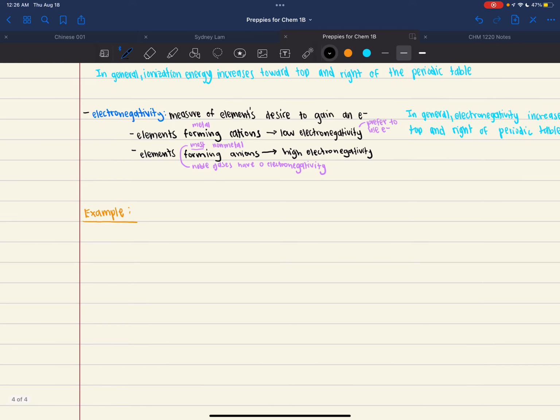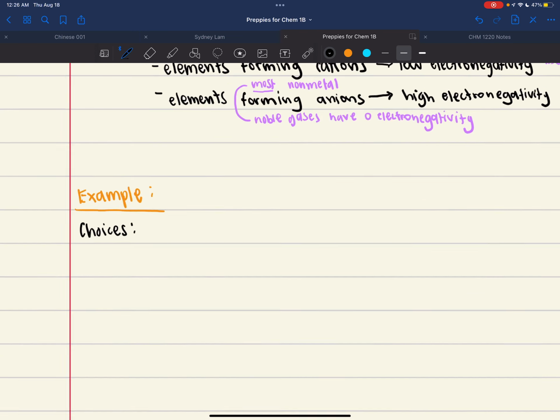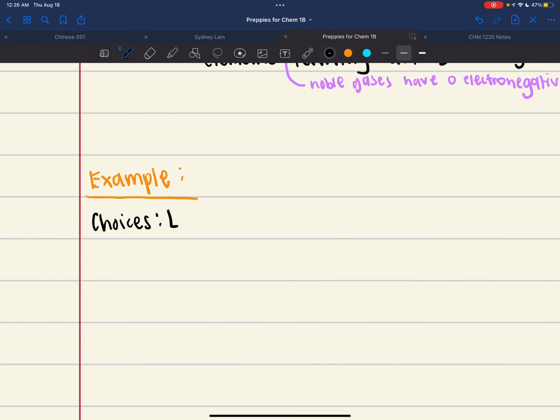Our choices are lithium, beryllium, boron, fluoride, and neon.